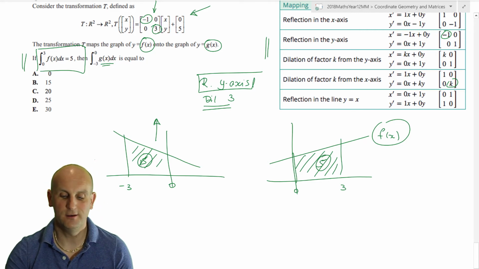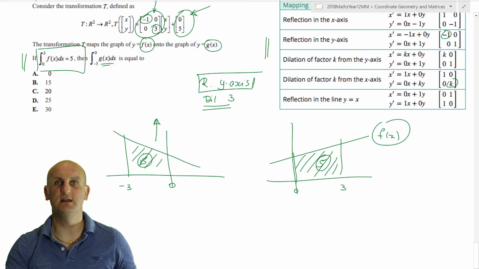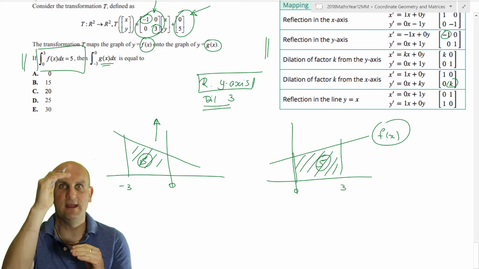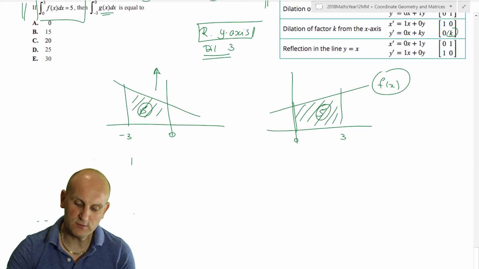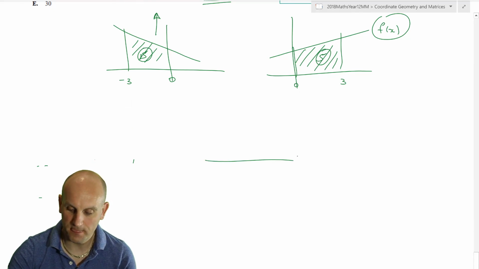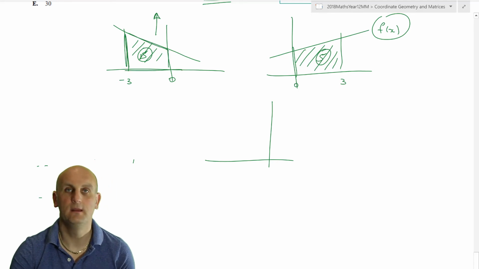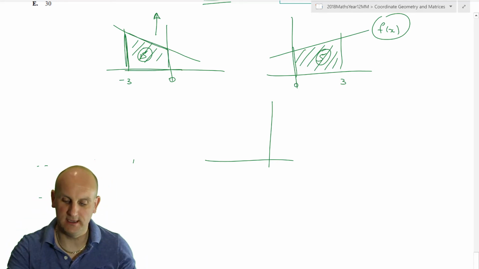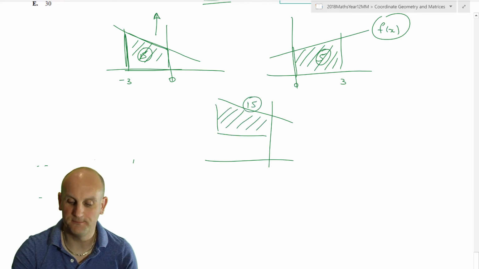Is that the end? Nope, because while I've dealt with this, I then have to deal with that translation, which tells me I'm moving the whole graph up a factor of 5. Yes, so if I was to draw this, and again, probably my head's getting in the way, but let's draw it over here. If I was to cut this out and slide it up the page, it will definitely be higher. So here is my area of 15.